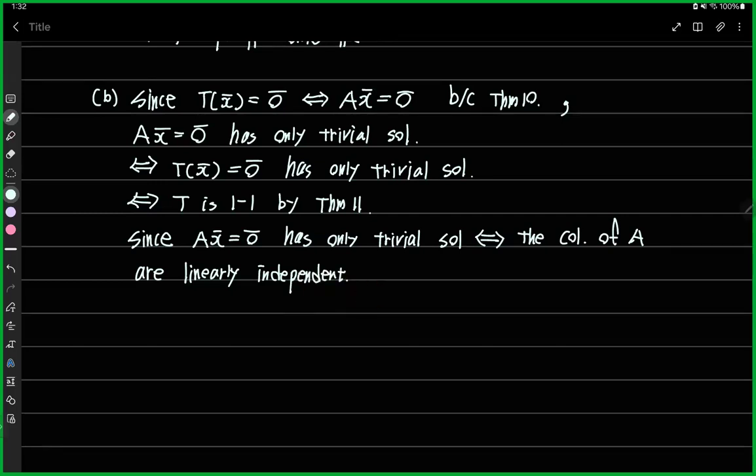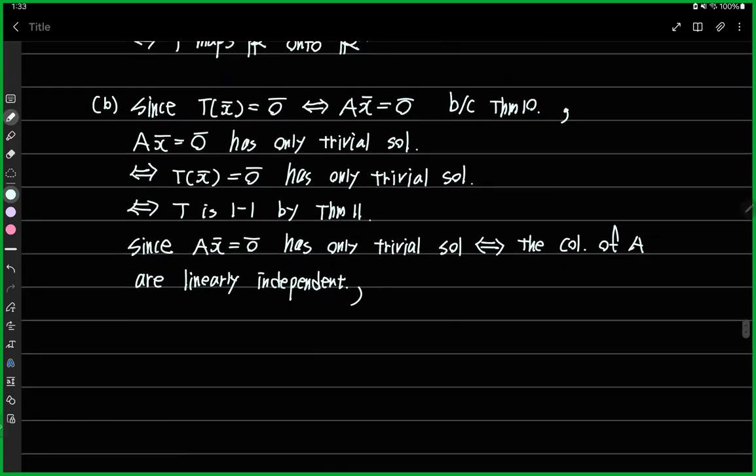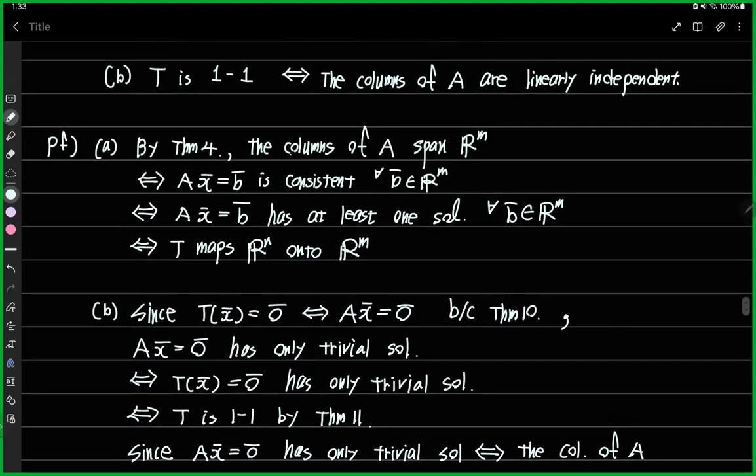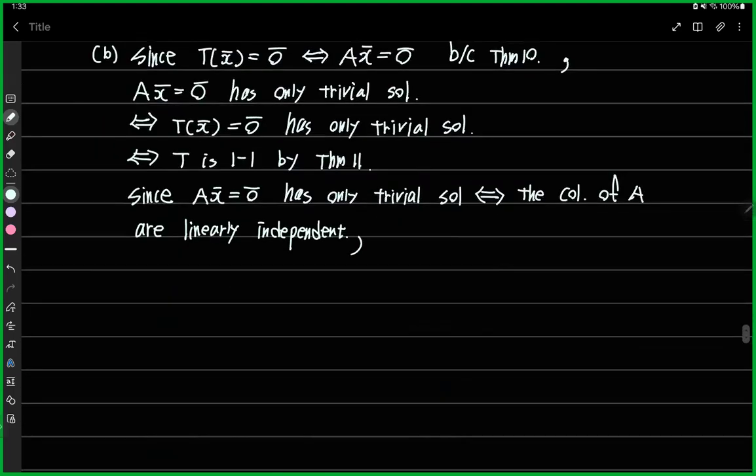Because of this statement, T is one-to-one if and only if the columns of A are linearly independent. This has only the trivial solution, so the columns of A are linearly independent. That means T is one-to-one if and only if the columns of A are linearly independent.